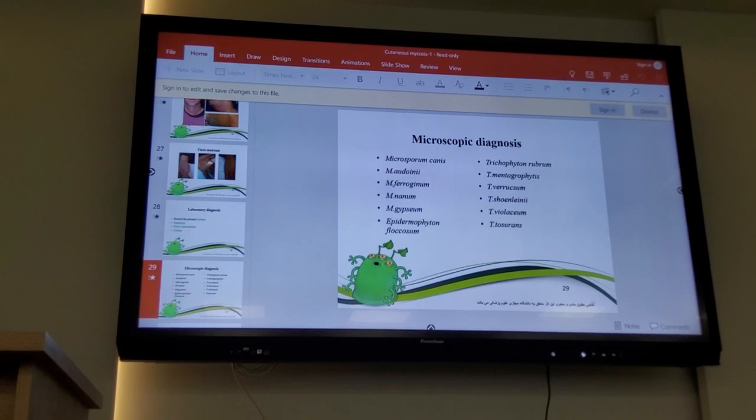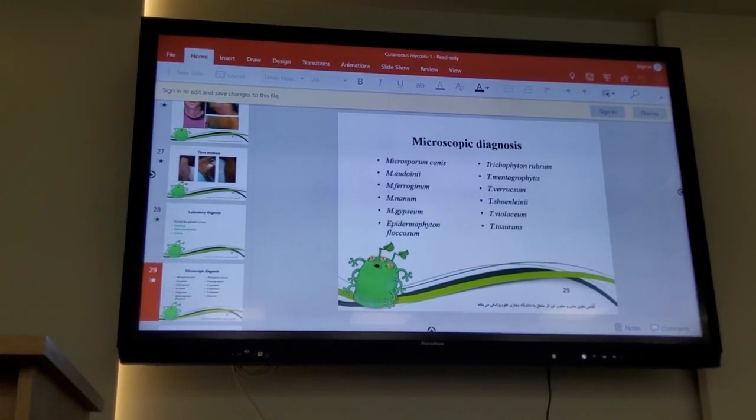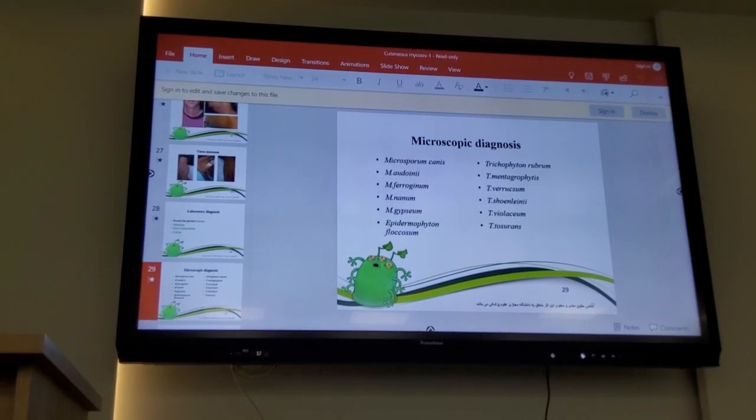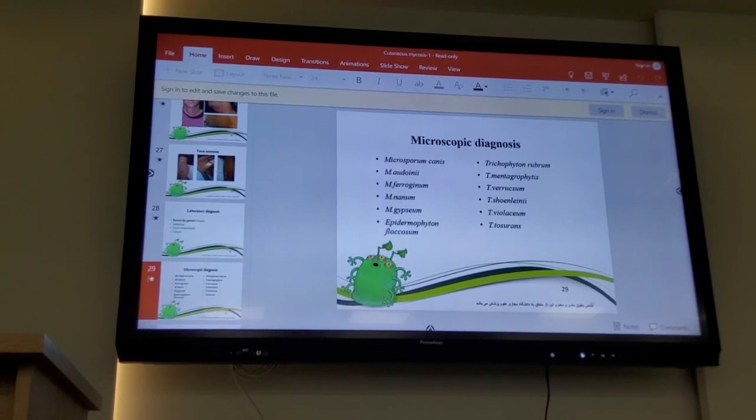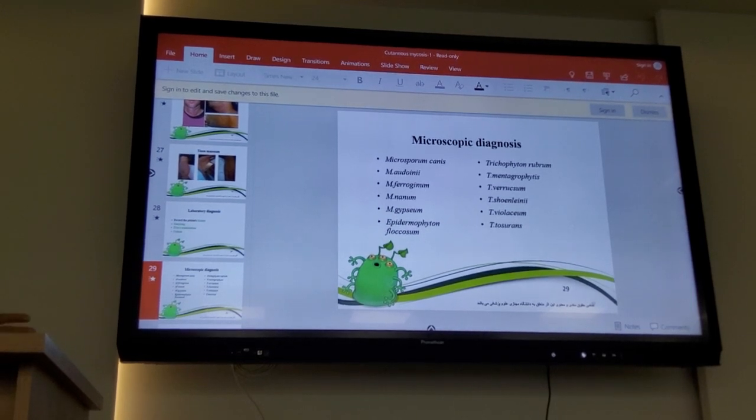First, Trichophyton rubrum. Second, Trichophyton mentagrophytes. Trichophyton rubrum is anthropophilic, it has a human source. But Trichophyton mentagrophytes has two sources, animal and human.